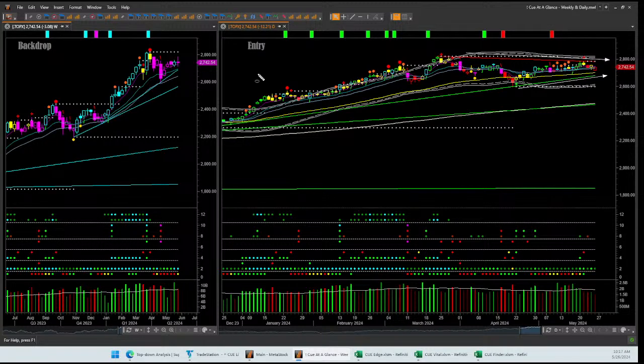The weekly is having a doji candle, indecisive candle. So here trend is sideways again, but inside a triangle, and there is no preferred trading direction. I'll wait before taking any trades, and I'll wait for it to break to the upside and then take long trades. I'll wait for it to break to the downside to take short trades.